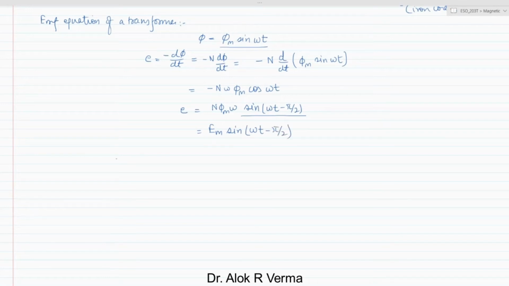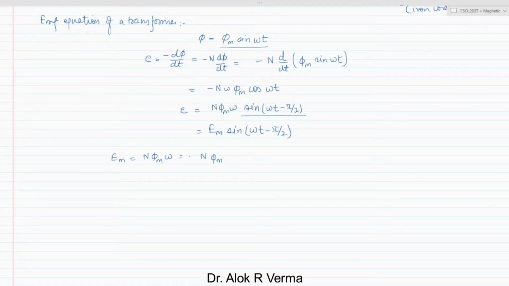This Em, the maximum induced EMF, is N phi m omega, which is nothing but N phi m times 2 pi f.